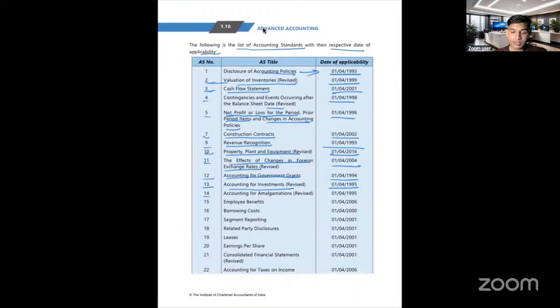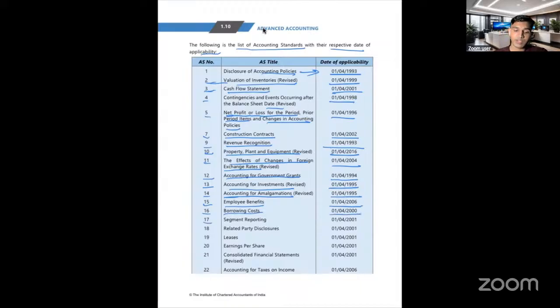Then AS14, accounting for amalgamations, comes into the picture on 1st April 1995. Then AS15, employee benefits, comes into the role on 1st April 2006. AS16, borrowing cost, comes into the picture on 1st April 2000.